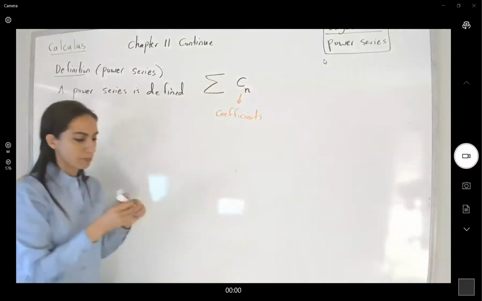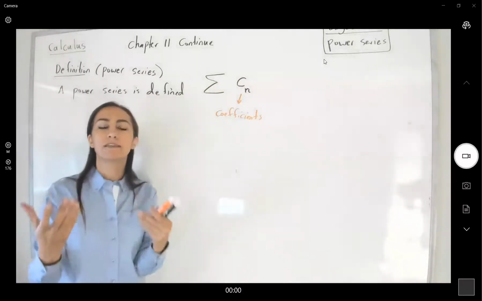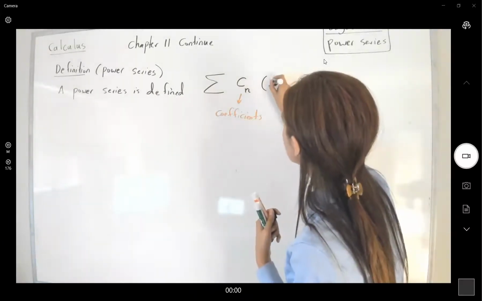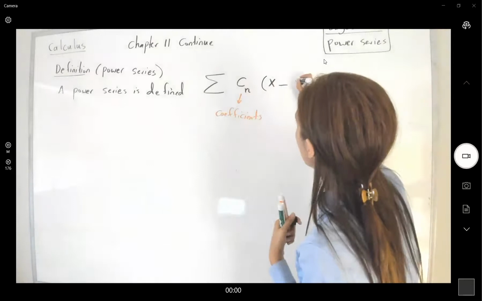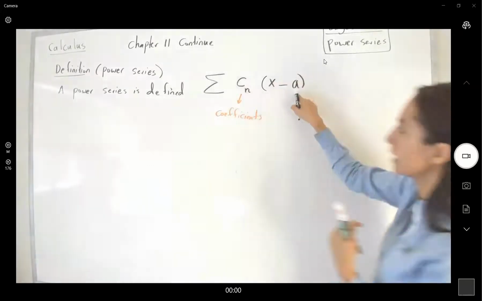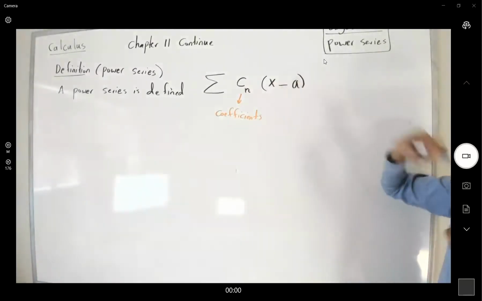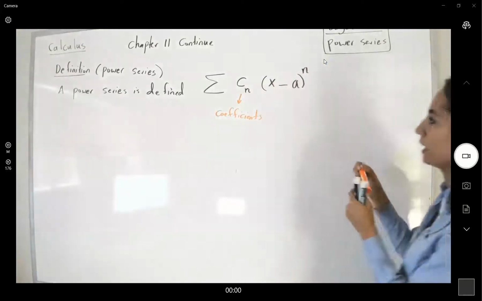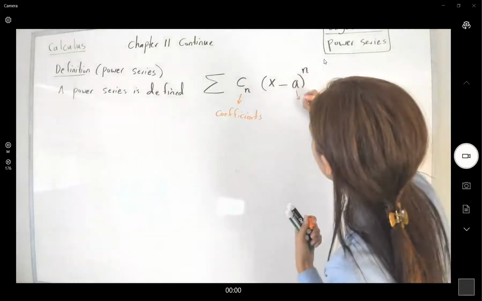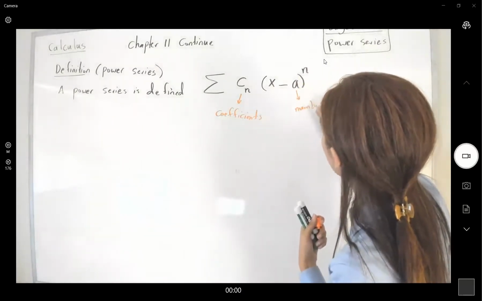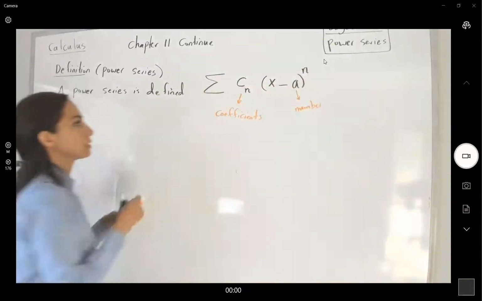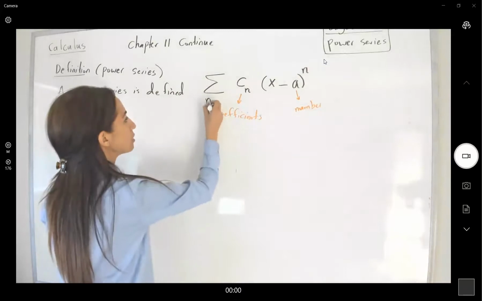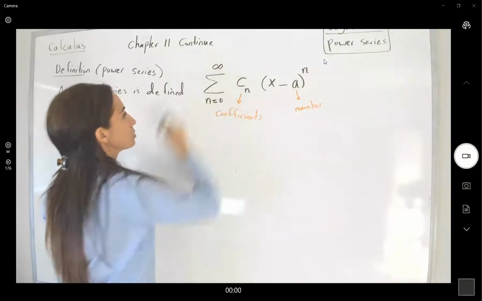And then you have a term involving x. You have parentheses x minus a number, which is our center, raised to power n. So a is also a number. And this series, n starts from 0 and goes to infinity.